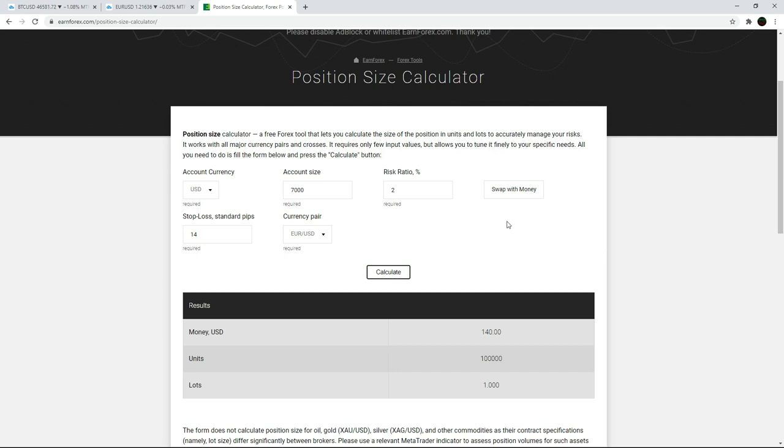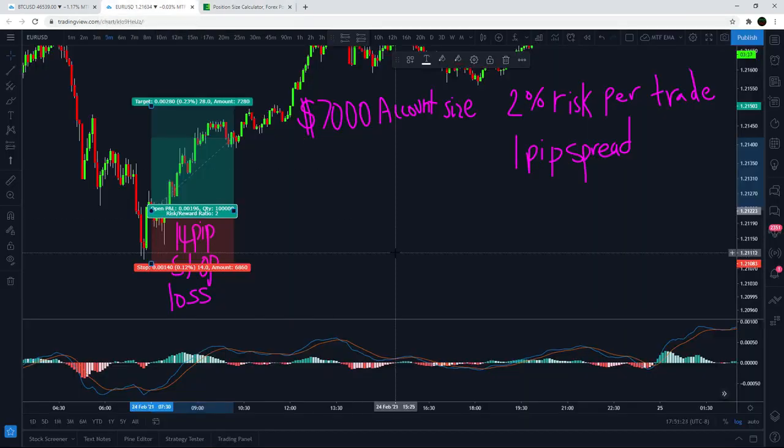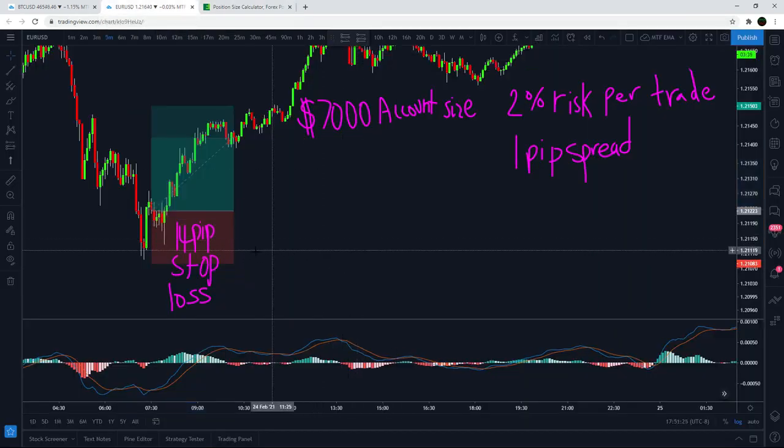So 140 down here, that is what you're actually risking out of your $7,000 account size, because 140 is 2% of 7,000, and then 100,000 units, one standard lot. All right. So those are the methods you can use to calculate it with pips.